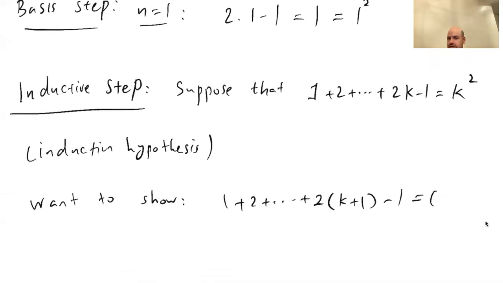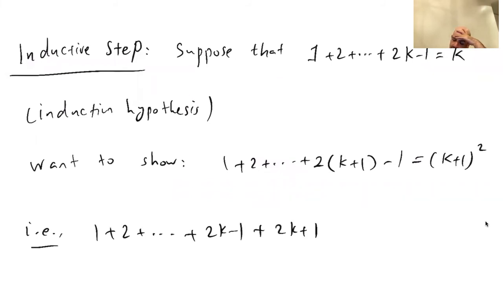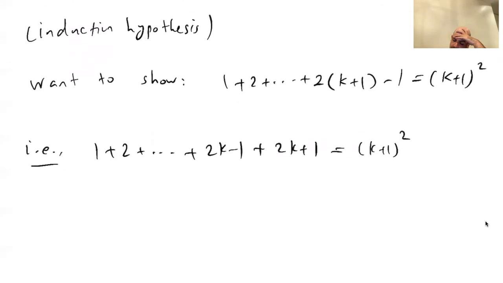And I want to show that this is equal to k plus 1 the whole squared. Now the left-hand side, if I expand it, the last number will be 2k plus 2 minus 1, which is 2k plus 1. And the one before that is 2k minus 1.